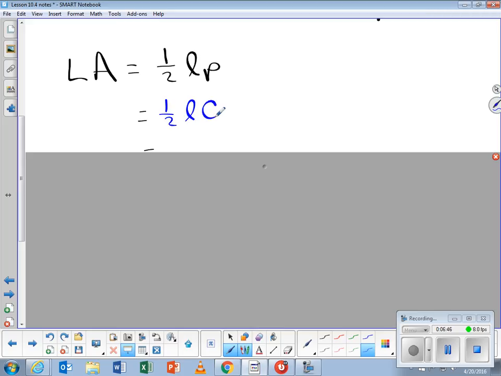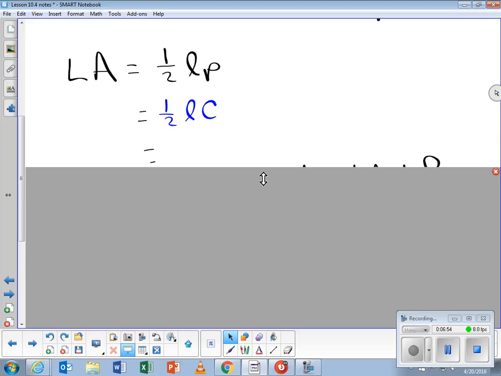Circumference. And what's the formula for circumference? That's actually the area, right? Okay. So what's circumference? 2 pi r or pi d, right?